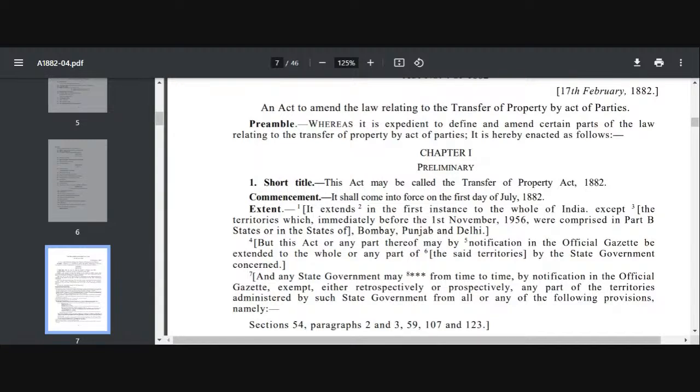When you see sections 5 to 37, you will see movable as well as immovable. The remaining sections, from 38 to 53A, contain only immovable property. And then there are certain specific transfers which are not limited to immovable property, like gift and all. We will see that. So gift and exchange of movable property are also included.